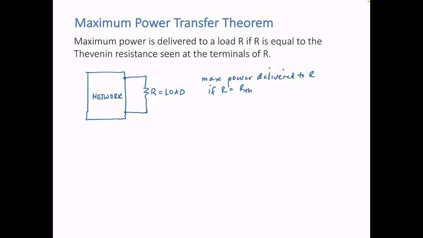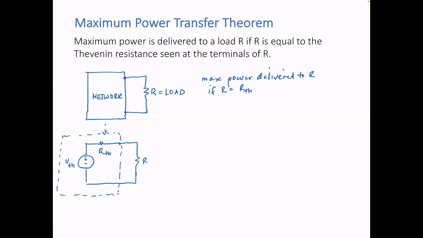That is, if I represent the network with its Thevenin equivalent, so this is my network, maximum power will be delivered to R if R is equal to RTH. And this is easy to see. What is the current that will flow here?